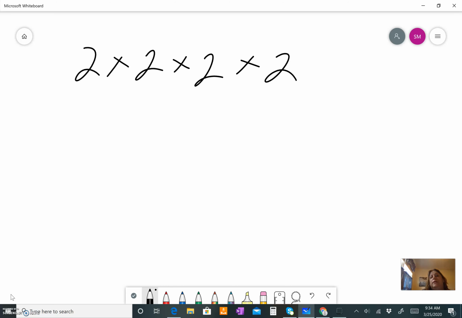So I know, because that 2 is repeated, that's my base. So my big number, my base, is going to be 2. And then how many times, you ask yourself, does 2 show? Well, it shows 1, 2, 3, 4 times. So it'd be 2 to the 4th power. Okay? So that's all you have to do on part B. You just have to write what it is using the exponents. You do not have to solve part B.